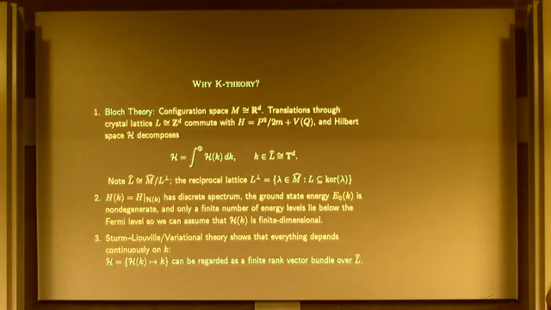And one of the other things which in one dimension you sort of prove when you're an undergraduate is that everything depends continuously on the parameter. And that means that the overall Hilbert space, which is made up of these pieces, can be regarded as a finite rank vector bundle over the set of K's, the dual lattice group.